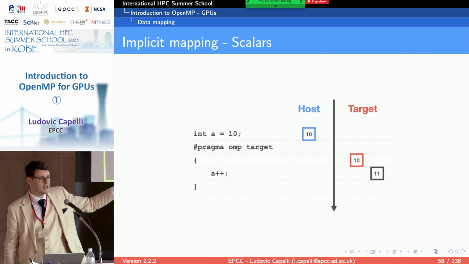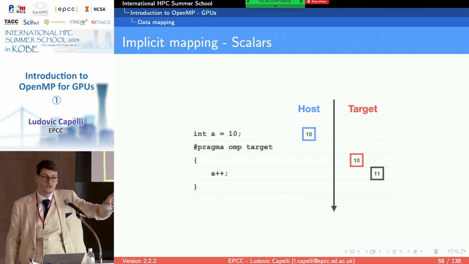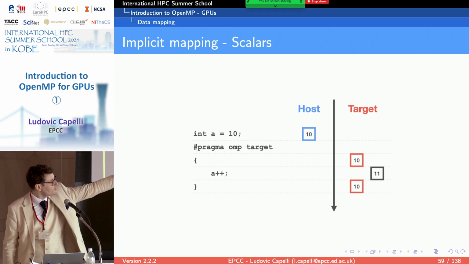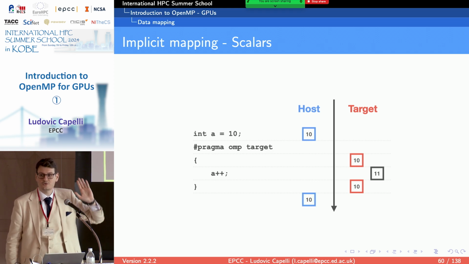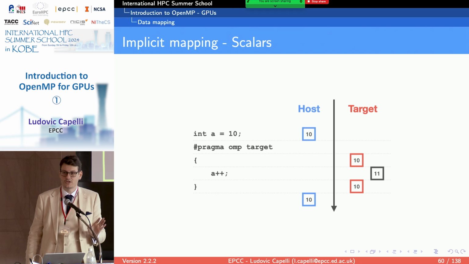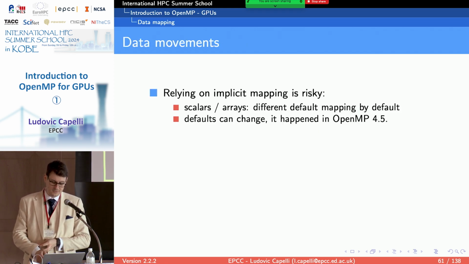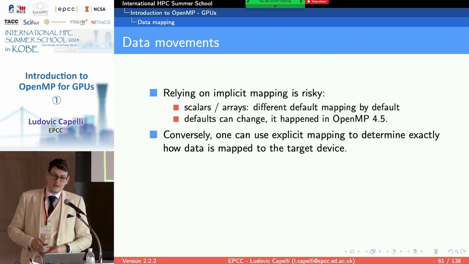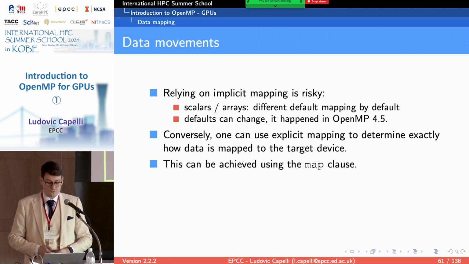It will be put in a local copy on the side, on the GPU. So you will have your own copy on the GPU. So it means that the red variable that you're going to return has never changed. So anything you've done with this integer never changed. So don't rely on implicit movements. That's really the rule.